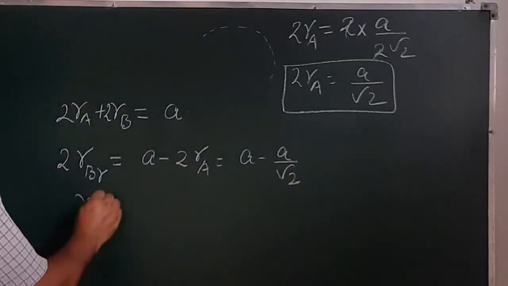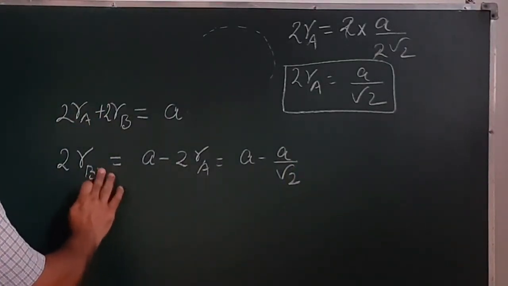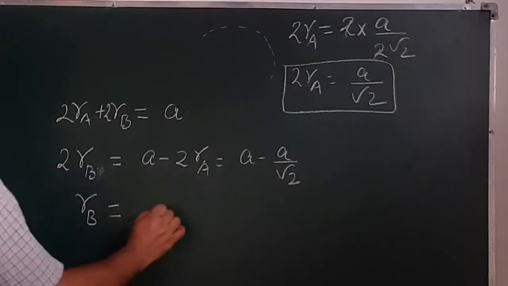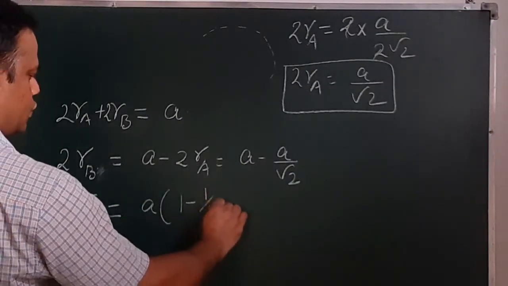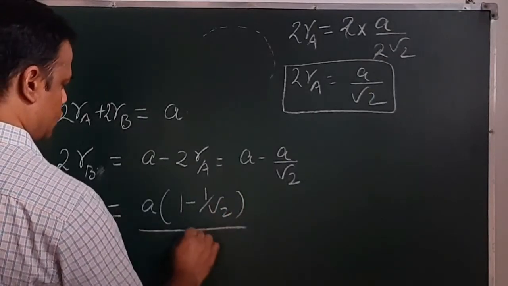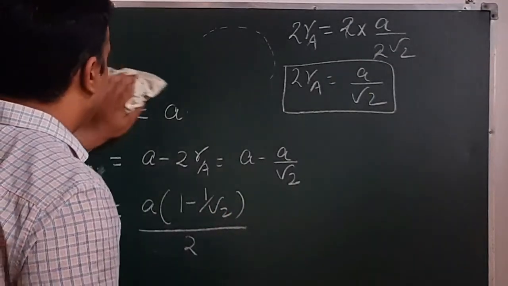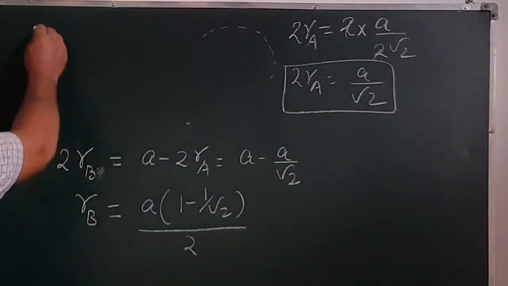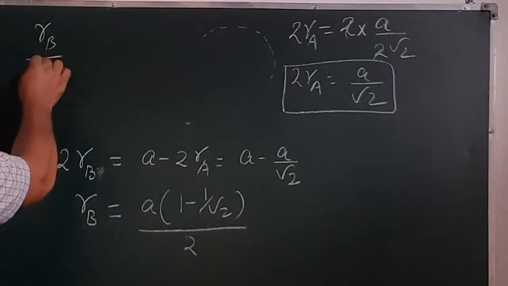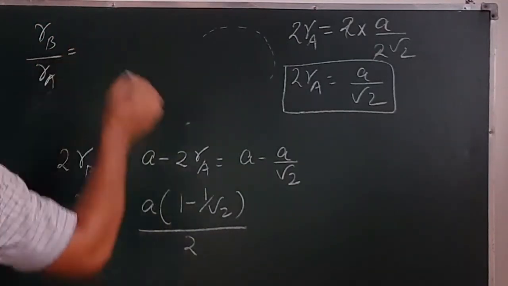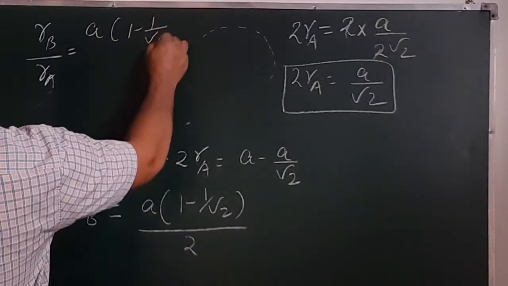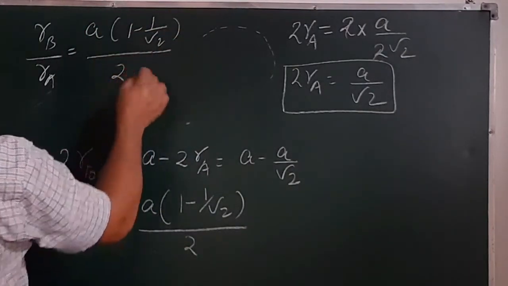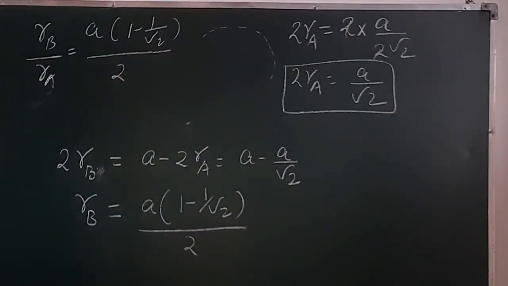From here RB will be equal to, taking A common, A times 1 minus 1 by root 2, divided by 2. So from here RB divided by RA, the value of RB is A into 1 minus 1 by root 2 divided by 2, and the value of RA is A by 2 root 2.